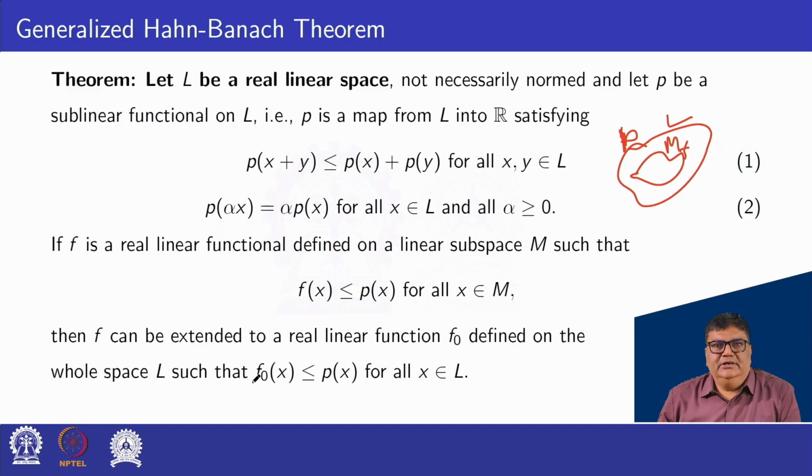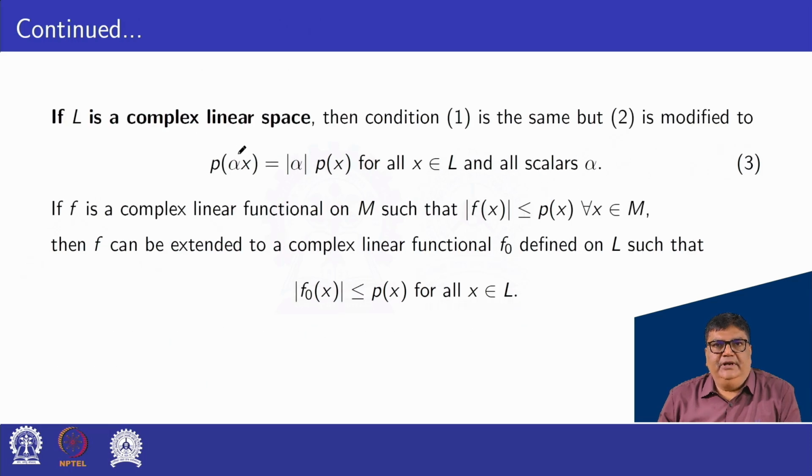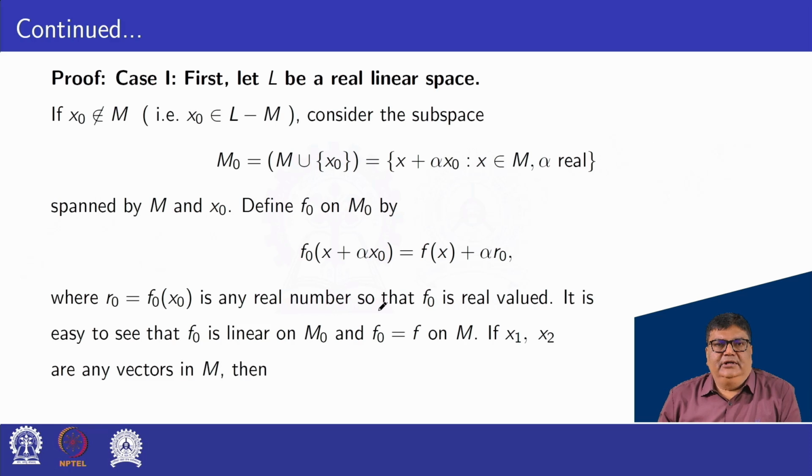In the real case, f0x is less than or equal to px, but in the complex case, mod f0x is less than or equal to px. Let us prove it. Case first. First, let L be a real linear space.